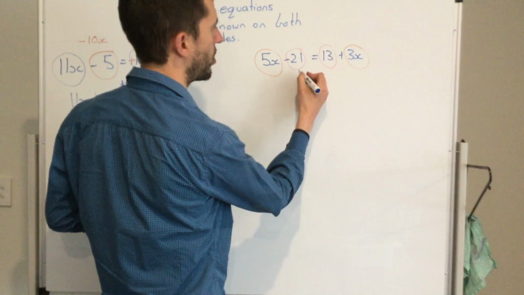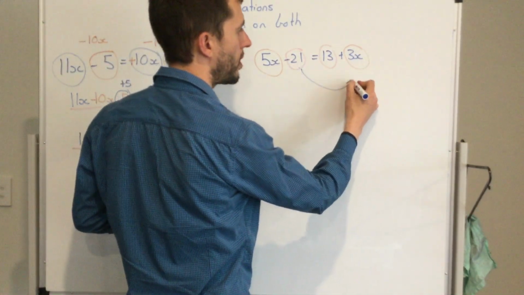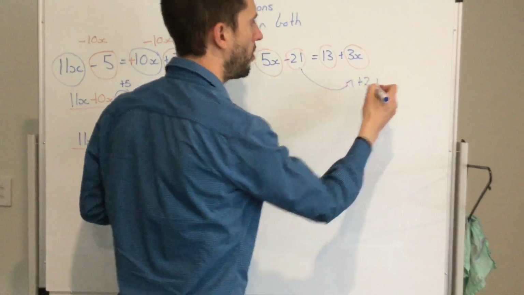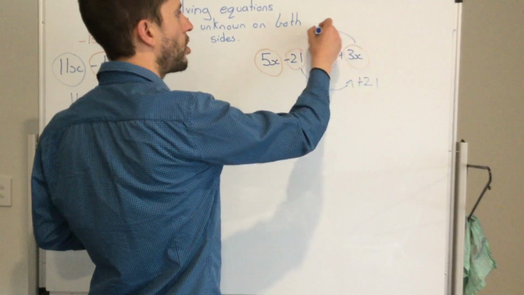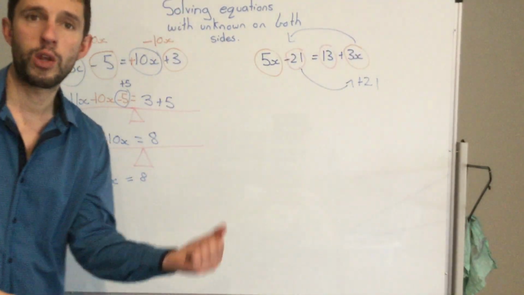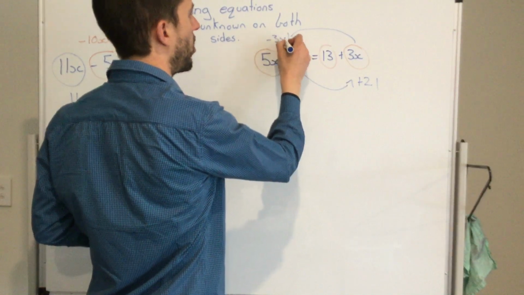So I'm going to get -21 onto the opposite side. I'm going to add 21 onto this side. To get 3x to the opposite side, the opposite of plus 3x is minus 3x. So I'll minus 3x on this side.